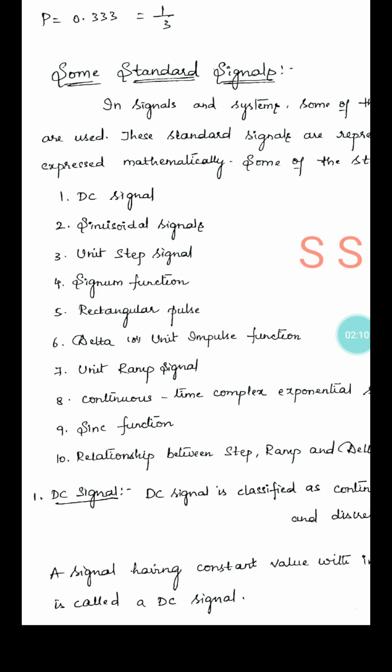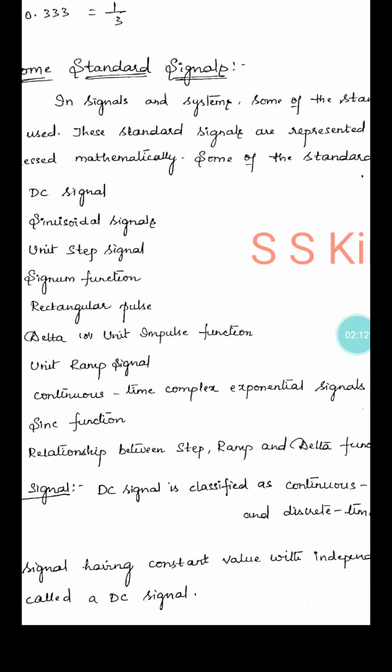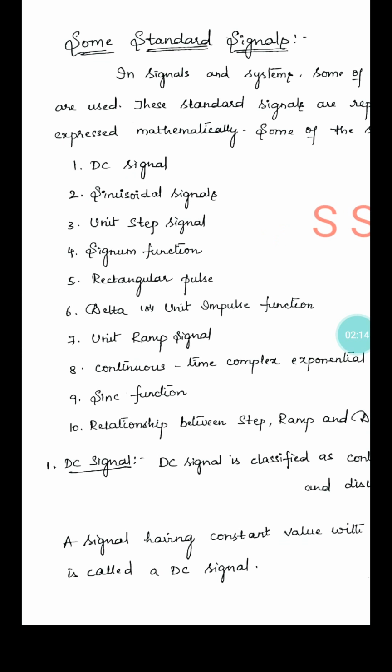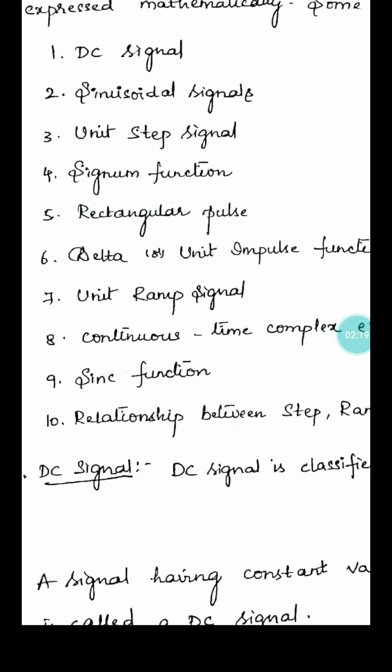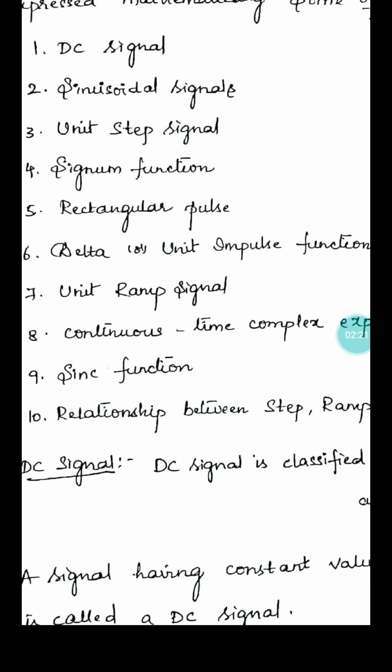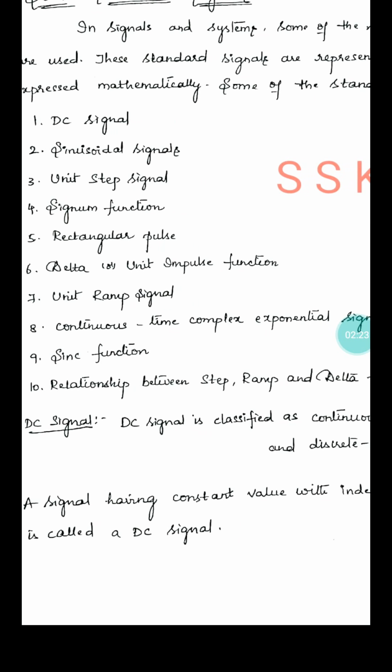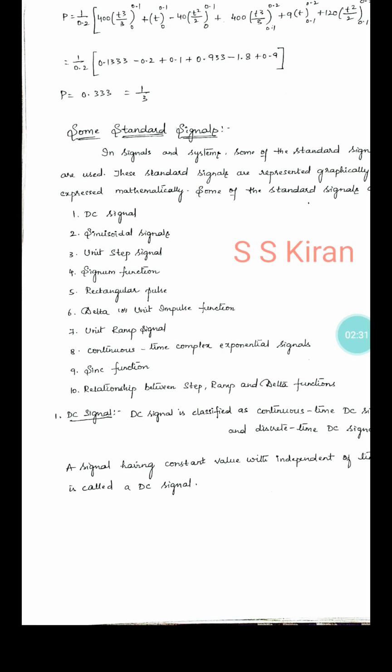Eighth one, continuous time complex exponential signals. Ninth one, Sinc function. Last concept, very important, the relation between step, ramp and delta. This relationship is very important. Now we will start with the DC signal.